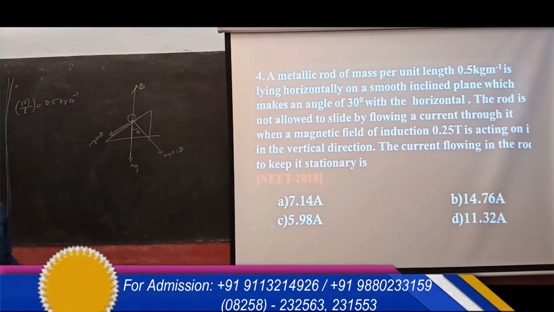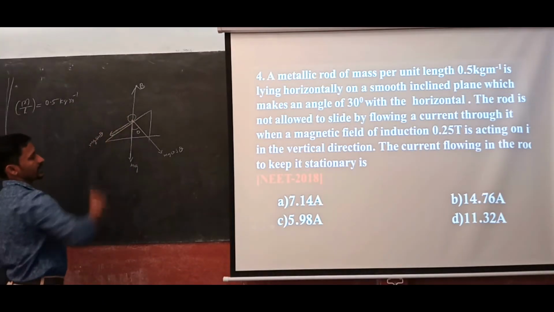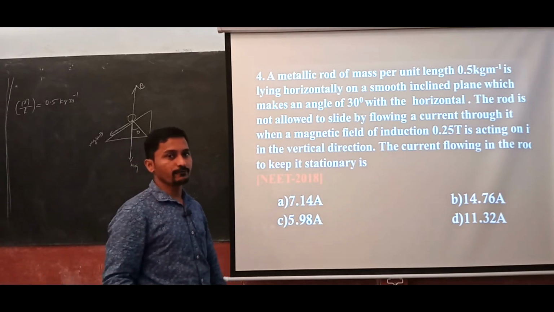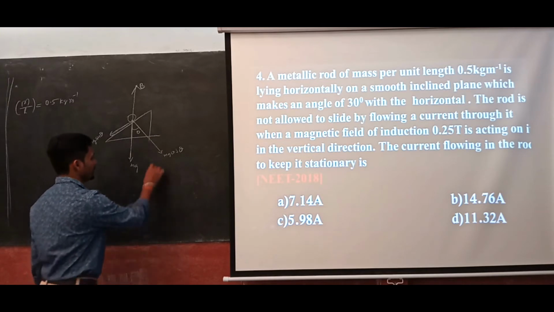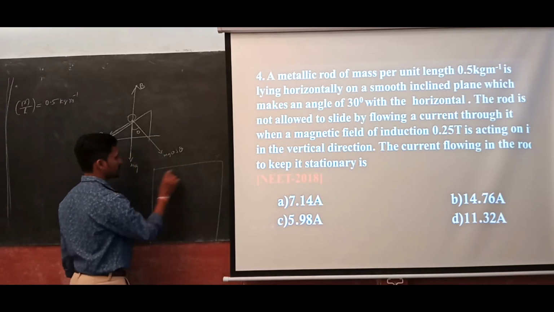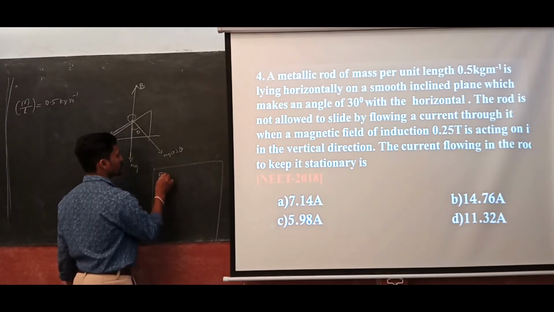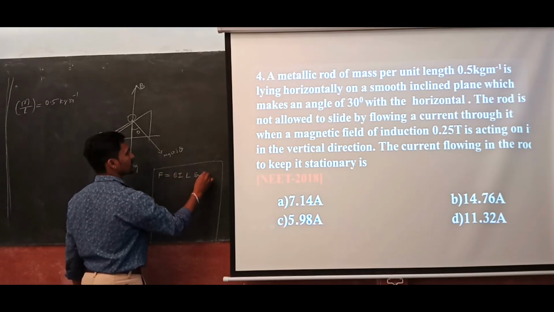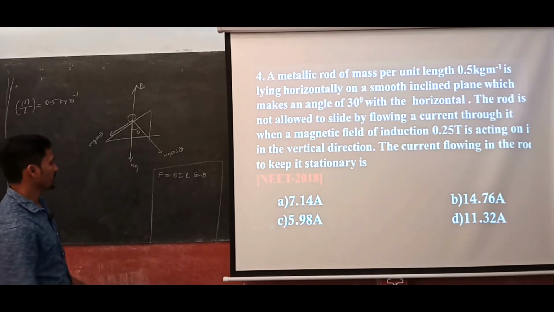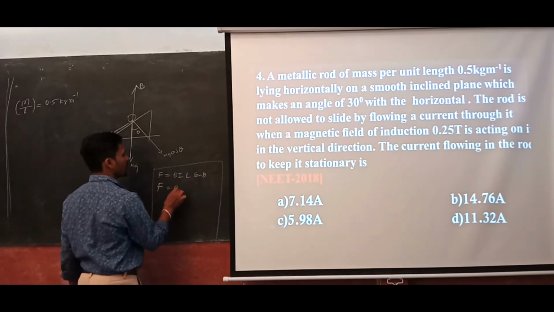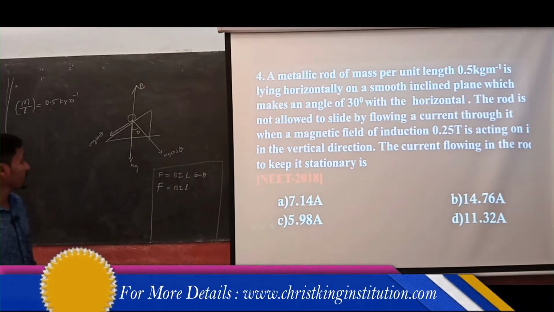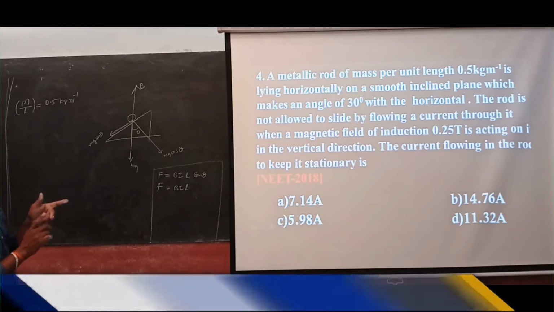I have to give a force opposite to mg sin theta. That must be provided by the magnetic field force. And which is that? If a current carrying conductor is kept in a field, the force is BIL sin theta. But here the force is BIL sin 90, because current is flowing in one direction.